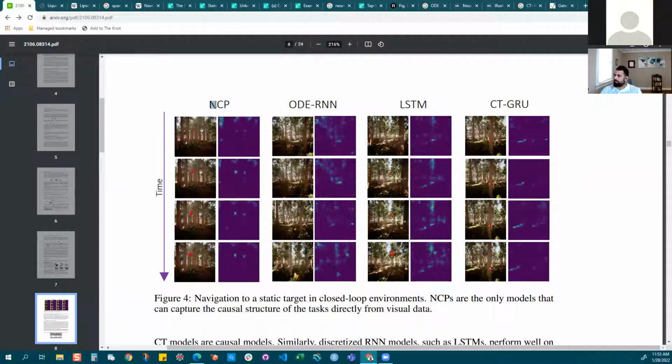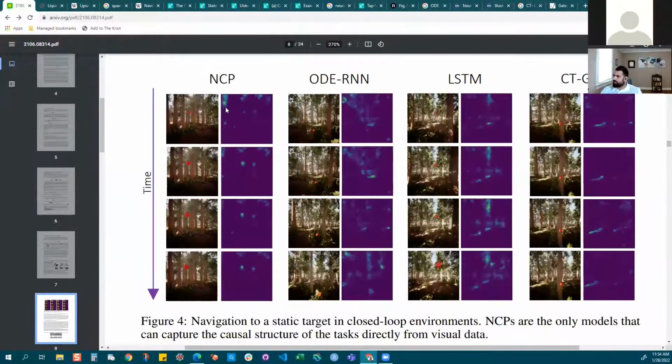They have neural circuit policy, which is the same thing as the liquid time continuous neural network. And as we see, the red object can be seen by the drone with high accuracy. Other models could, in some cases, identify it, but light and other environmental variables have been perturbing the outcome. LSTM and GRU also did not perform that well.